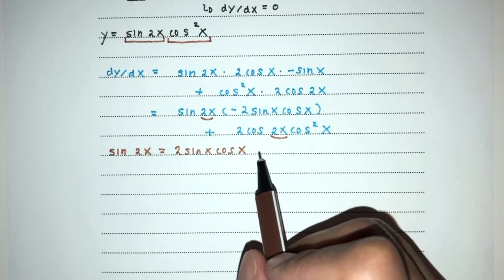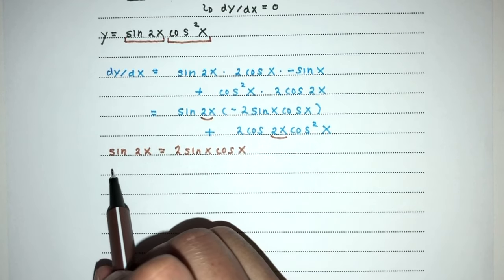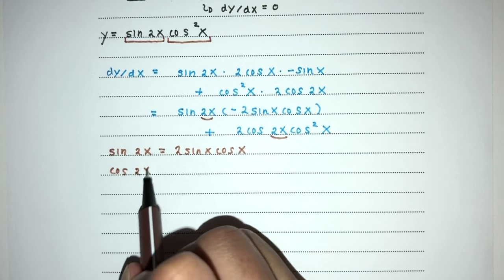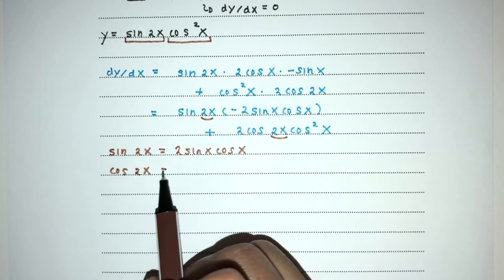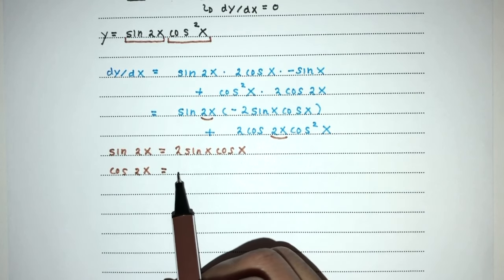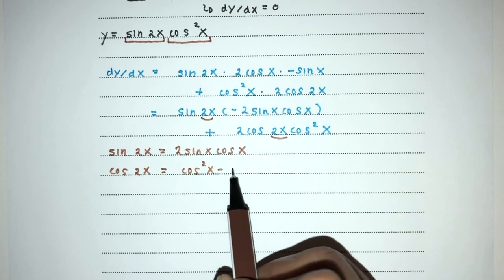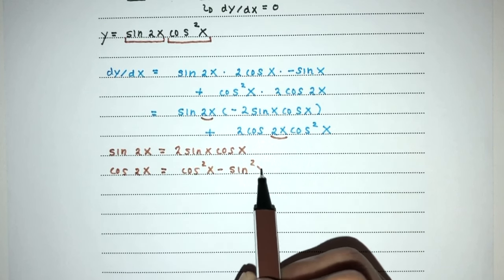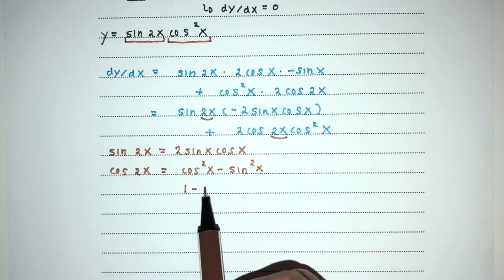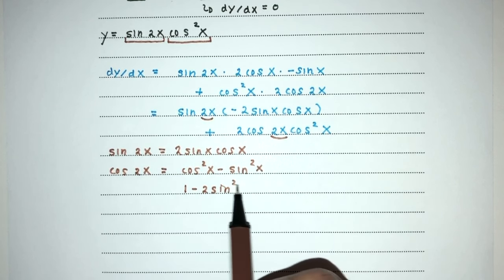Right. And also, what do we know for this one? Cos 2x is equal to, we have a few options. It could be cos square x minus sine square x. It could be 1 minus 2 sine square x.